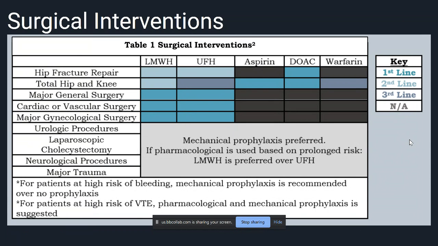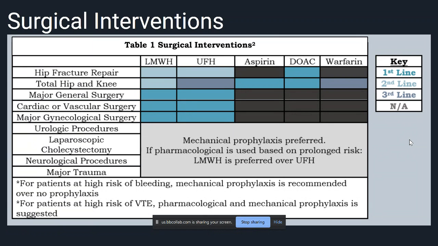This includes the use of intermittent compression devices over compression stockings alone. If pharmacological prophylaxis is used based on the prolonged risk, low molecular weight heparin is preferred over the use of unfractionated heparin. For patients at high risk of bleeding, mechanical prophylaxis is recommended over no prophylaxis at all.